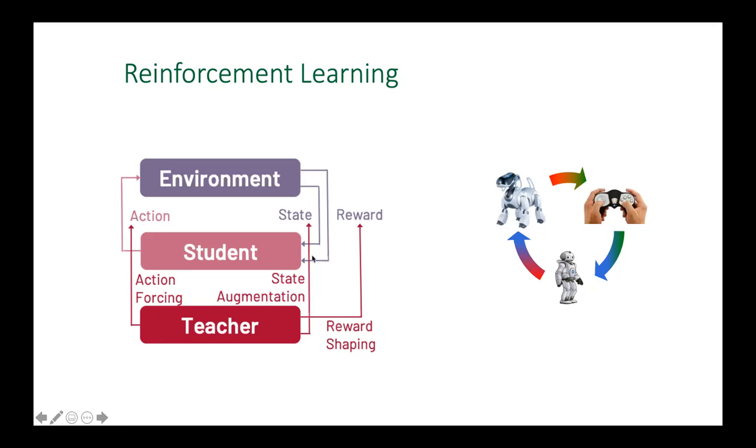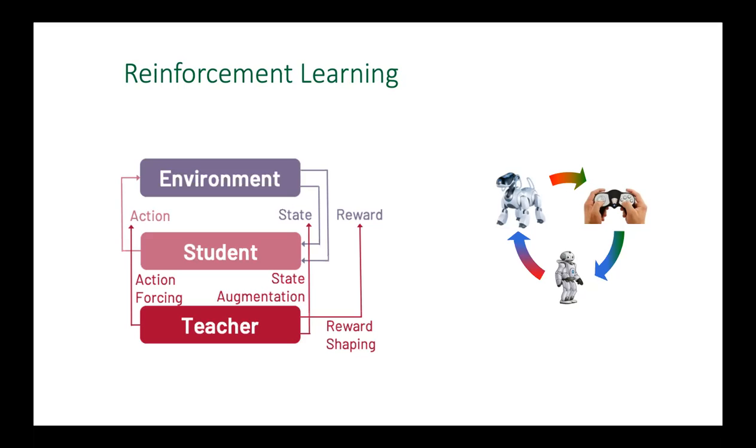You could think about augmenting the state space. So the teacher could tell the student, here's an important feature of the environment that you should pay attention to, because I've learned that this is important. So for instance, if you're a commuting agent, the teacher might tell you, understanding the temperature is important.